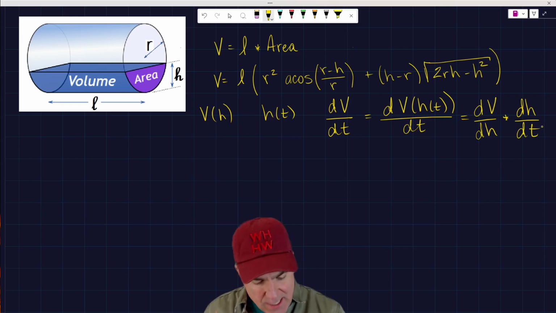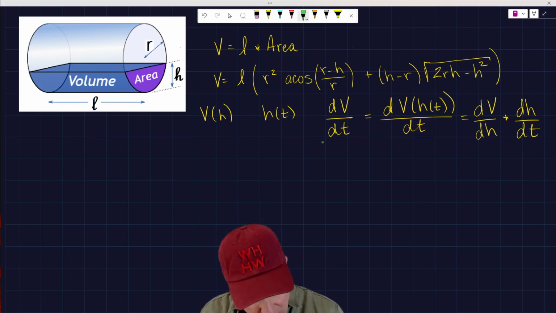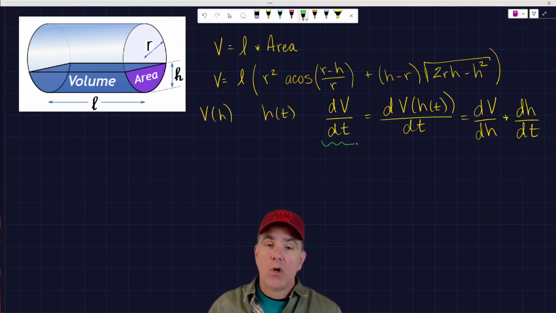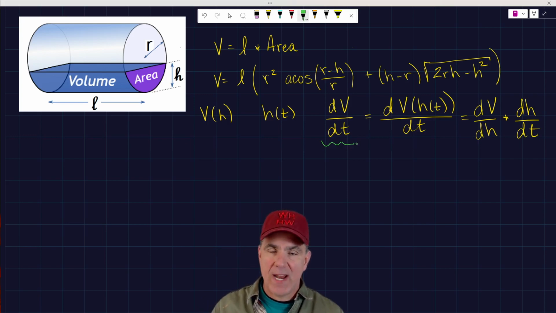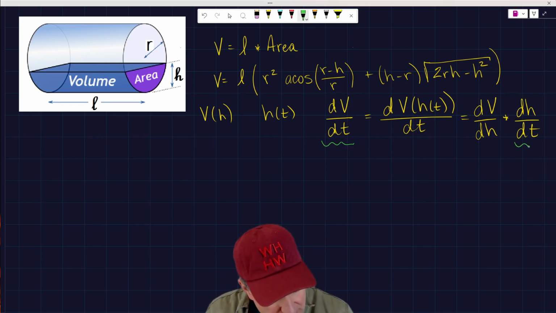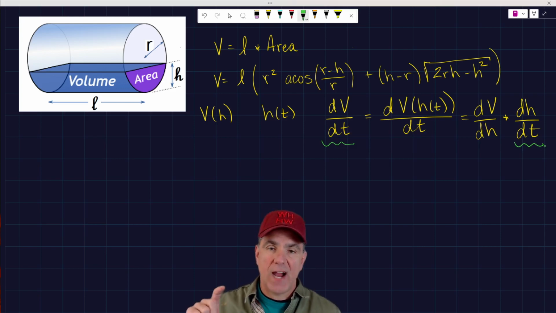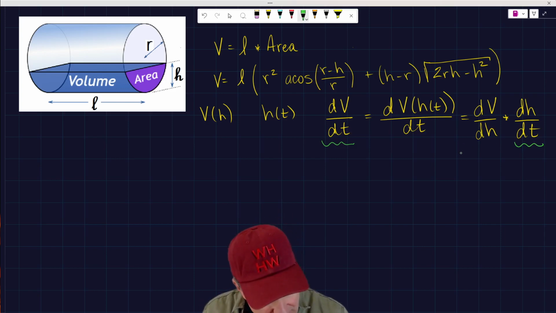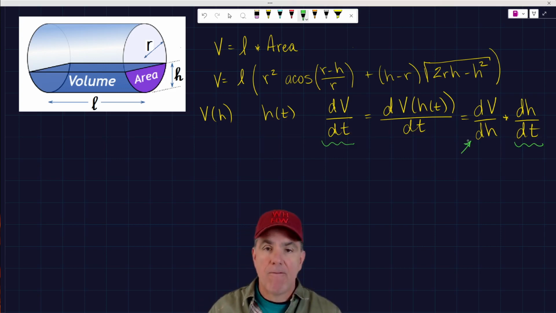And so we can see here that we have a relationship between something that's known, we know how fast the tank is draining, versus something we don't know, which is the rate of change of height. And those two things are connected by the rate of change of volume with respect to changing height.